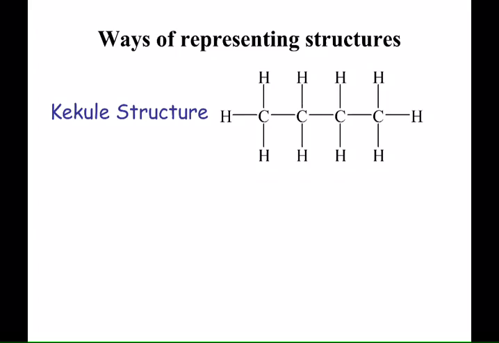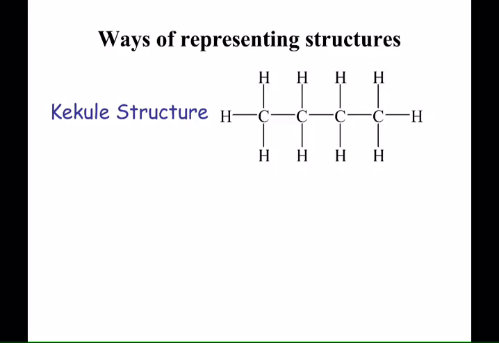Again, it's easier to show you what all those different formulas mean. So aside from the Lewis structure, now we're on to the Kekulé structure. I think your description said that for this type of structure, it doesn't show you lone pair electrons. I'm fine with that. That is a hydrocarbon, right?